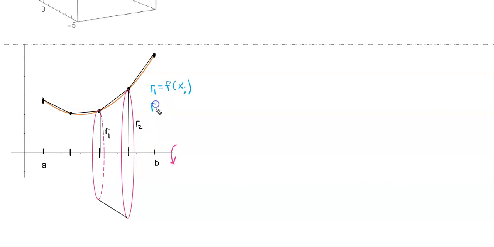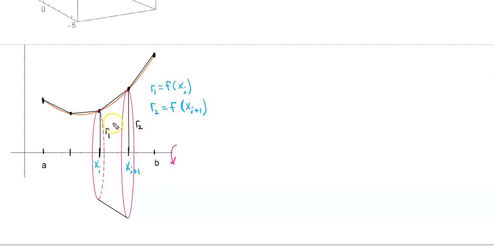And then R2: if we label this point right here as x sub i plus 1, that's the right-hand endpoint of your ith subinterval. Then R2 is this distance, which is f of x sub i plus 1. So we'll label this point xi, and that point xi plus 1.